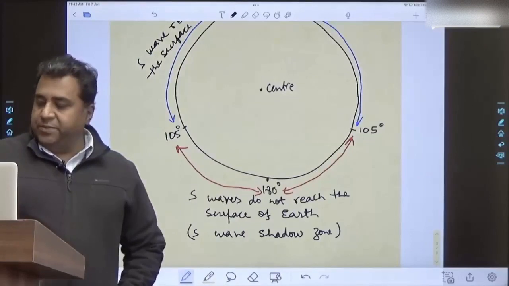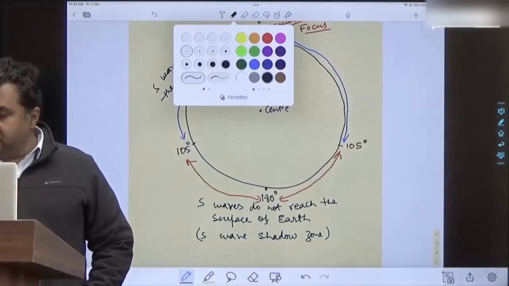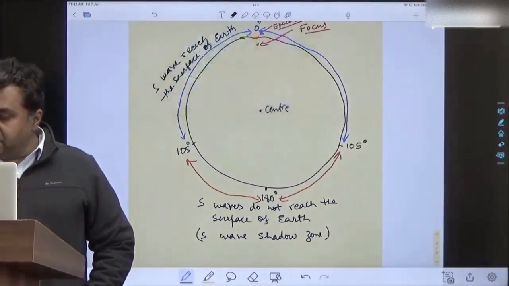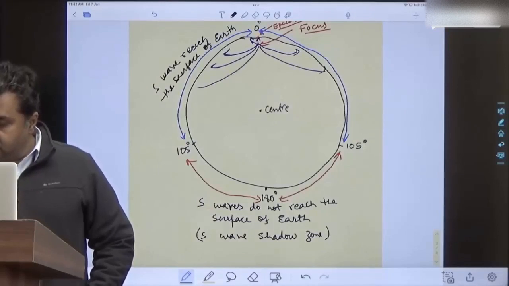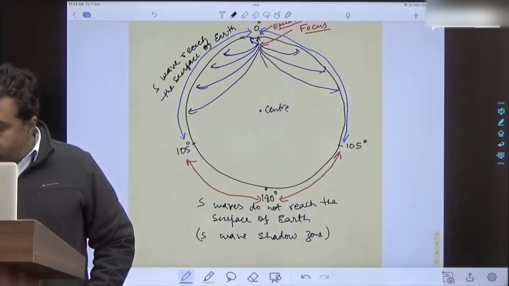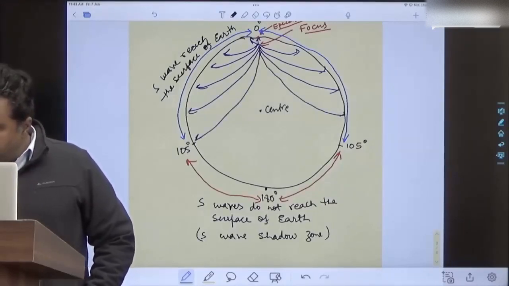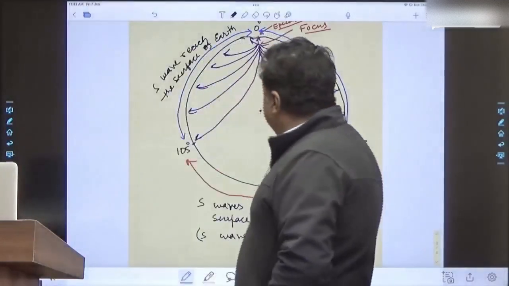Okay, so what does this mean? That if, for example, the S wave is like this, the S wave is able to travel something like this. Up to here it is able to travel.